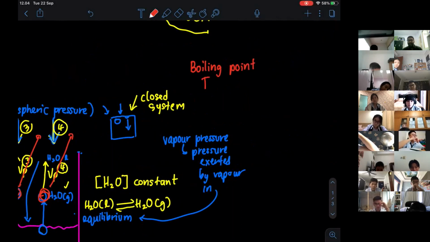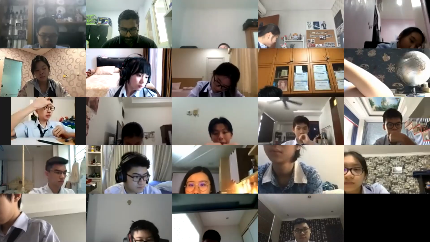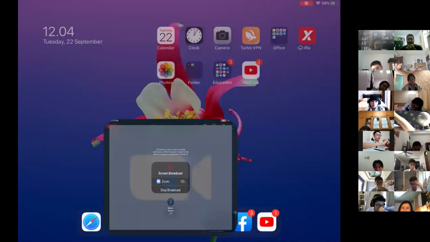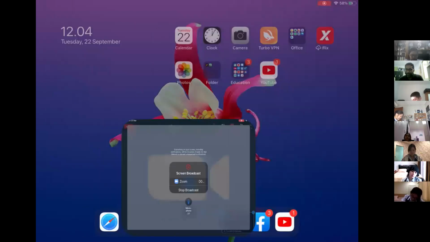Hold on, it's not actually reflecting as well. Maybe my connection is quite weak. I'll try to share it again. I'll stop screen sharing. Let's see, the connection is not so good. Hold on, guys.